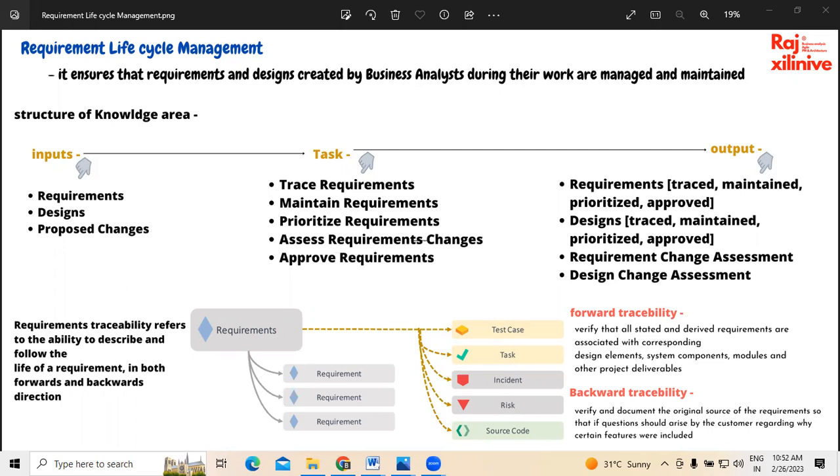Whatever the requirement, it will be written in the form of a user story. We write it down as user stories. The major difference from the traditional model to an Agile model is this.